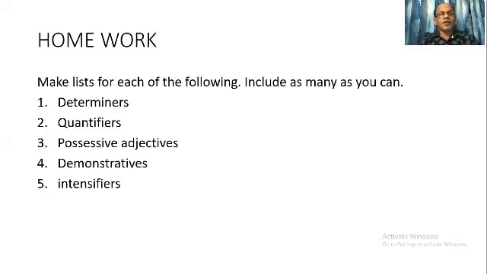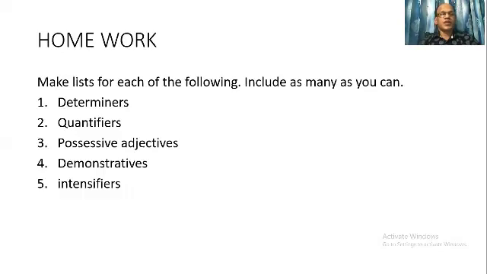Now I'd like to prescribe a homework for you. Look at the slide. Write down the homework. Your homework is make a list for each of the following. Include as many as you can. Determiners, make a list of determiners, writing as many as you can. Number 2, quantifiers.